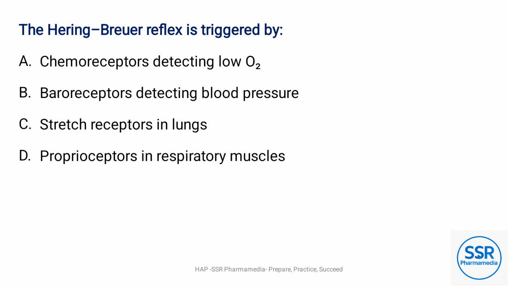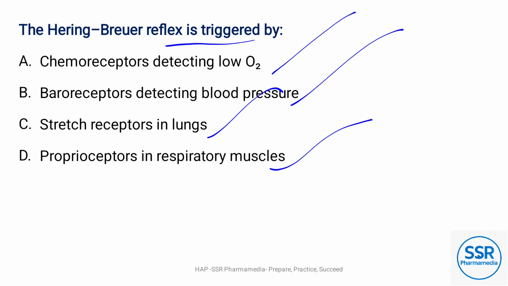Next, the Hering-Breuer reflex is triggered by: option A, chemoreceptor detecting low oxygen; option B, baroreceptor detecting blood pressure; option C, stretch receptor in lungs; option D, proprioceptor in respiratory muscles.